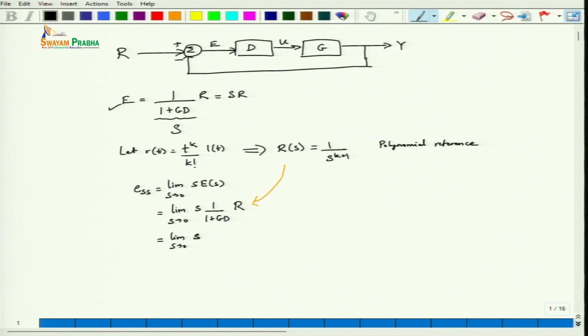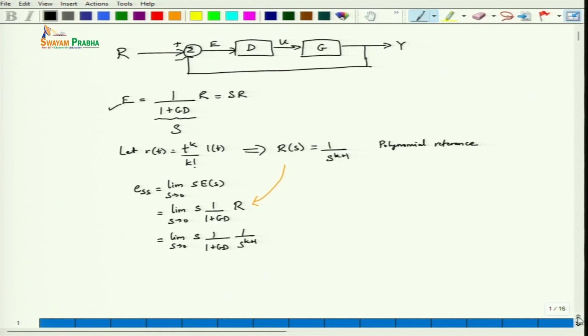So we get s times 1 over 1 plus GD, times 1 divided by s to the power k plus 1. So this is our expression for the steady state error.